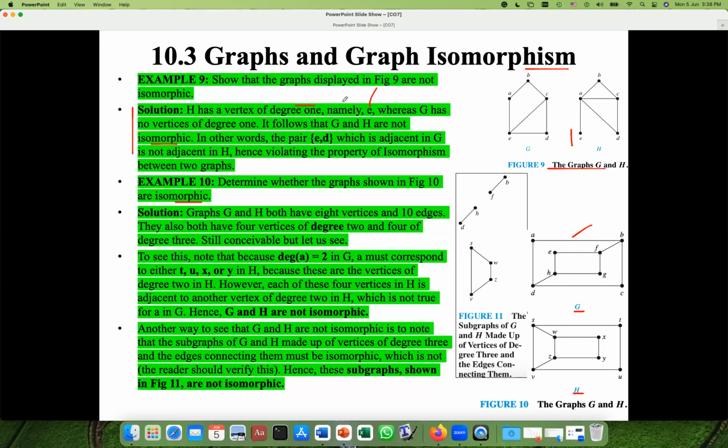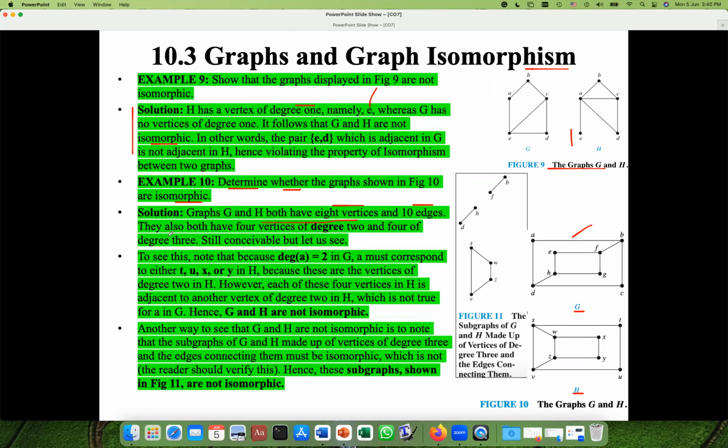Okay, we cannot even identify anything from these degrees. So both G and H have 8 vertices, 10 edges. Both have 4 vertices of degree 2 and 4 of degree 3.